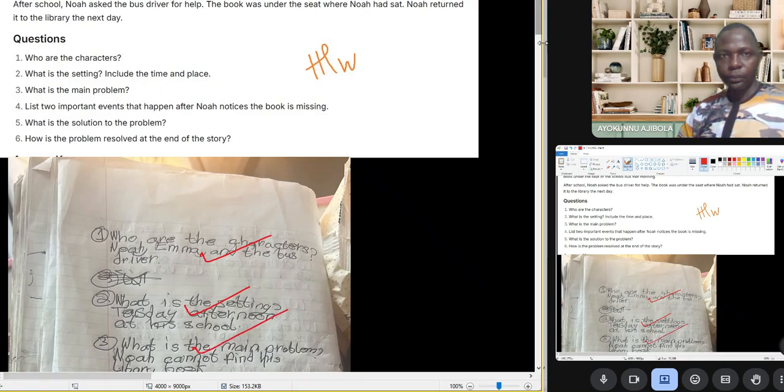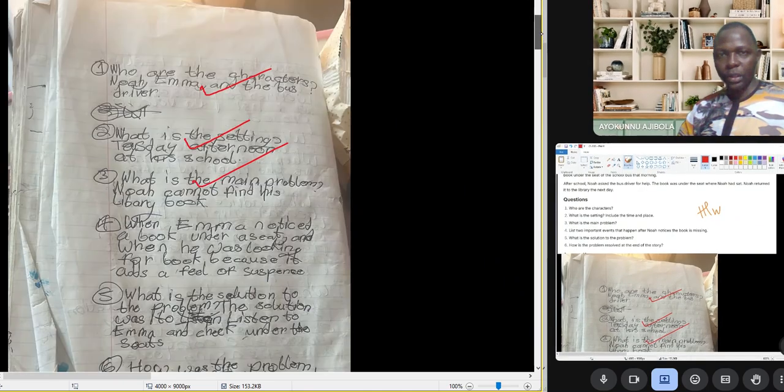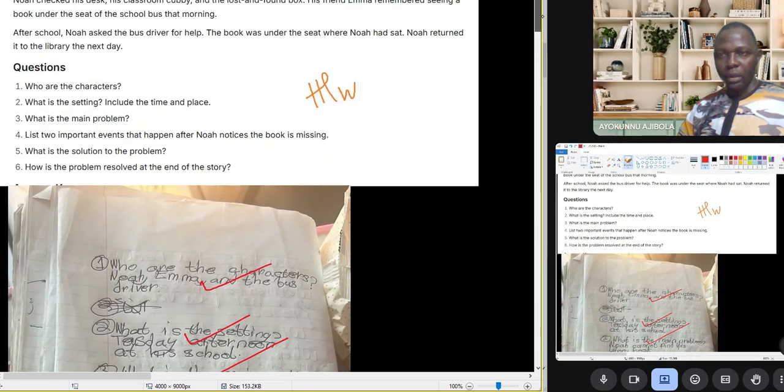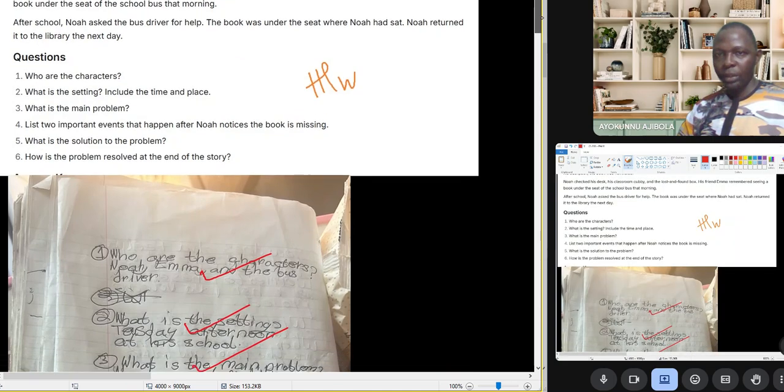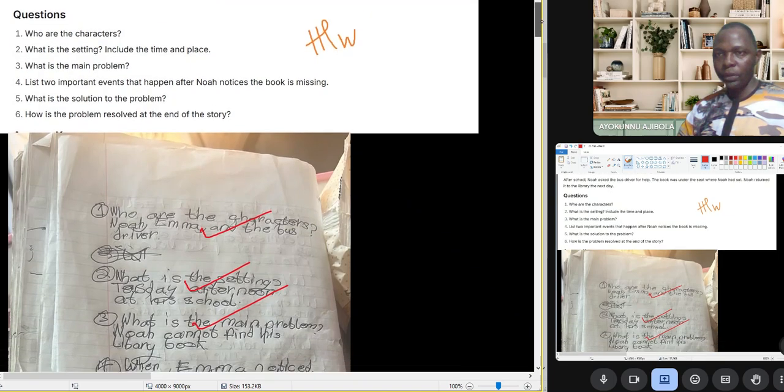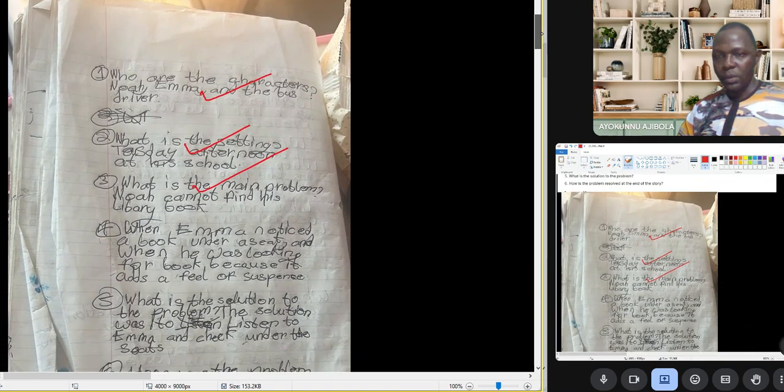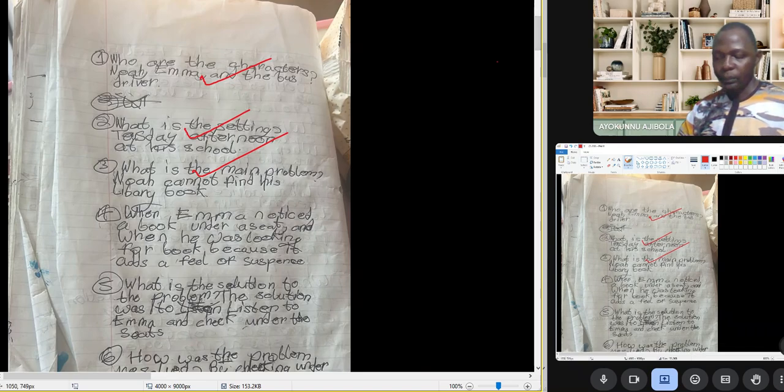Okay. The next question says, list two important events that happened after Noah notices the book is missing. Two important events. When Mia noticed a book under the sea, and when he was looking for the book because it adds a feel of suspense.